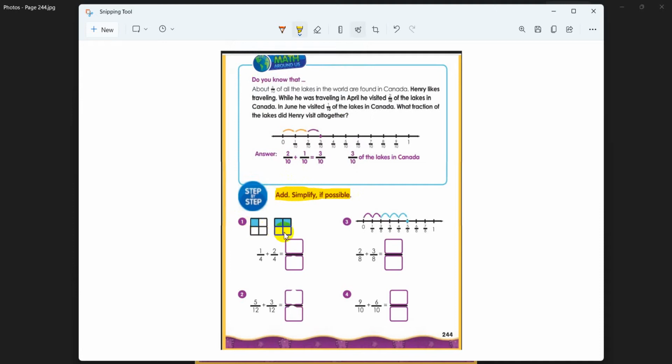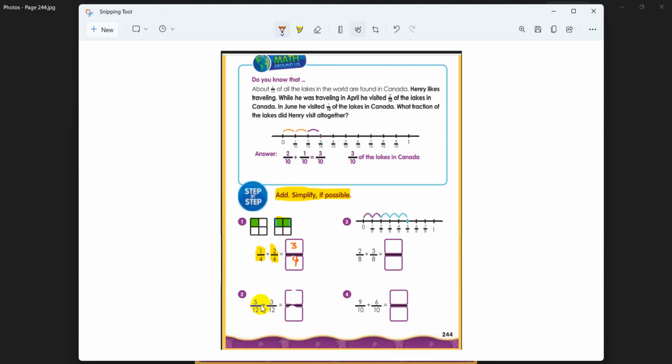Number 1, you can see the first model represents 1 part out of 4, and the second model represents 2 out of 4. They are written here. 1 out of 4 plus 2 out of 4 equals what? Yes, very good, it's 3 out of 4, not 3 out of 8, by the way.